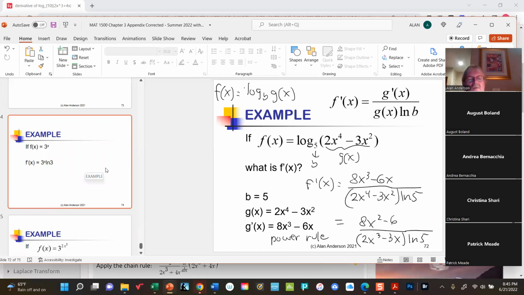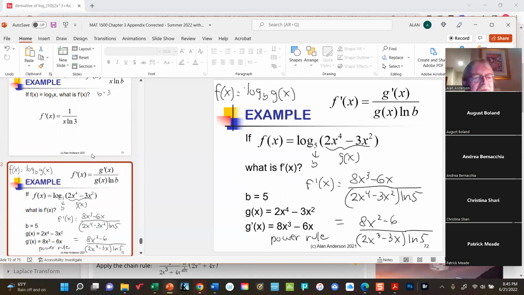All right, now we're going to do a couple of examples where we have a constant base and the exponent is either x or a function of x. Okay, so let me go grab some rules here.